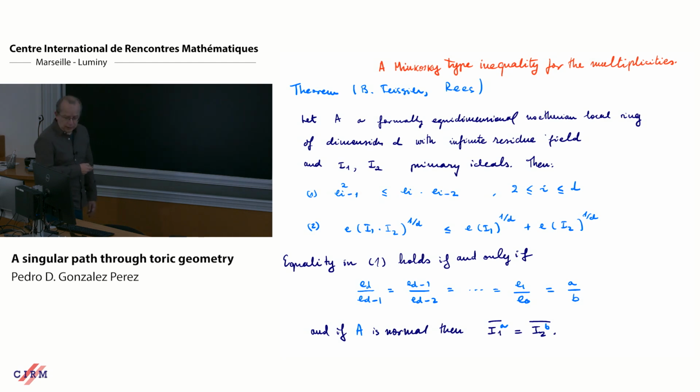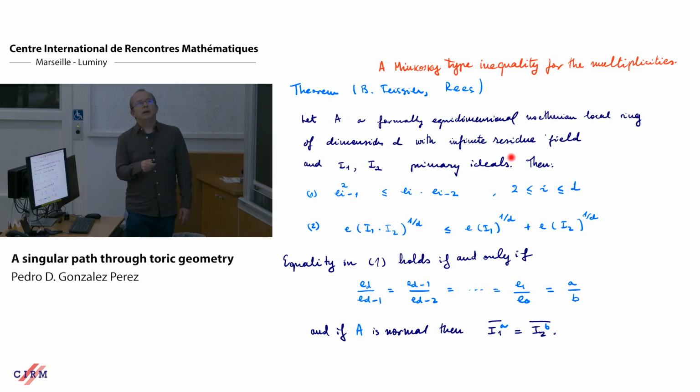So I take a formally equidimensional Noetherian local ring of dimension D, and with a finite residue field, so some good local ring, and I1 and I2, two primary ideals. Then we have this inequality for the mixed multiplicities, which implies this other inequality.